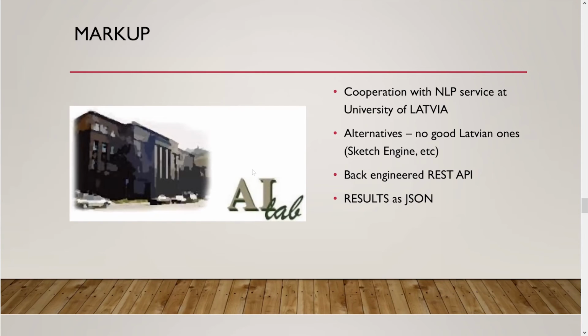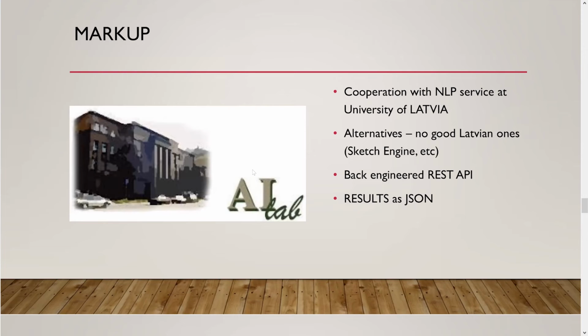So how do we do this actually? Once we have our text, we have done the cleanup, 80% of the work is done. Now we are ready to feed our plain text for semantic markup. We want to get lemmas, tenses, genders, and so on.